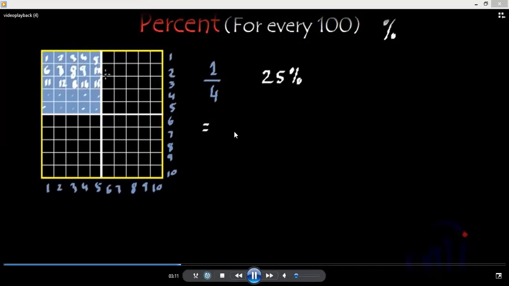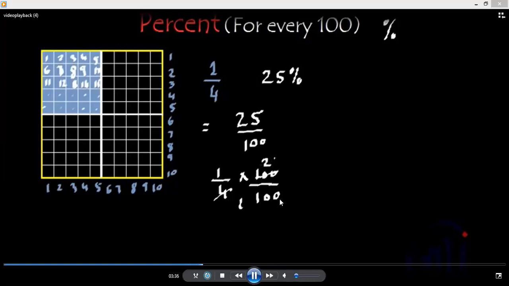If I want to express this in fractional form, as I said, the whole chart consists of 100 small pieces, and the part which is eaten was 25, so I can say 25 over 100. So how does this fraction change into percent? If I have a fraction and I want to change it into percent, we can say a quarter times 100 over 100.